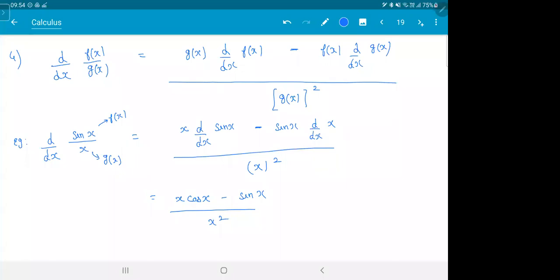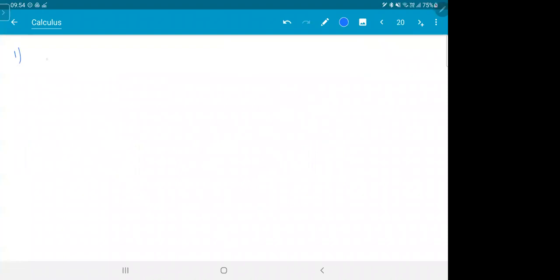Let's see some problems on this. I'll give you a function, you have to differentiate and tell me what is the answer.